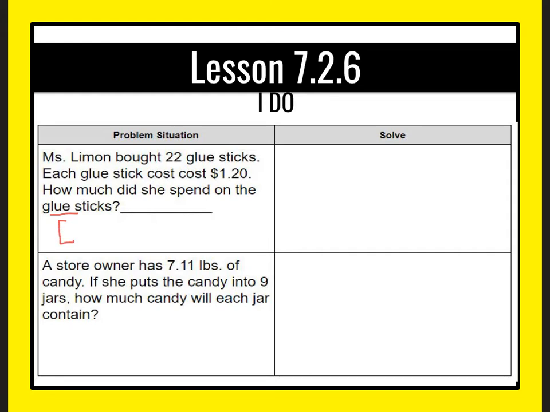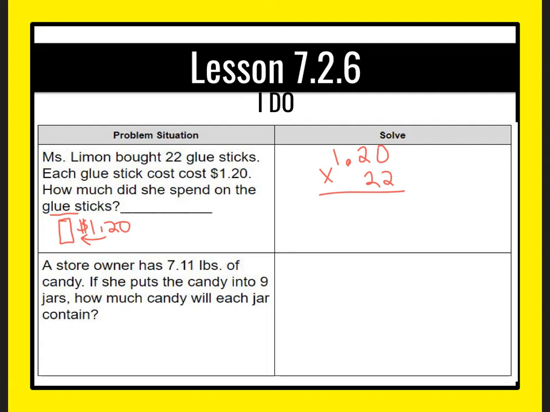So if I think about a glue stick, I know that the price tag, according to this, is $1.20. So she bought 22 of those sticks. So what I'm going to go ahead and do is multiply $1.20 times 22.